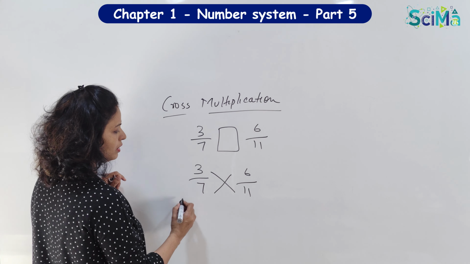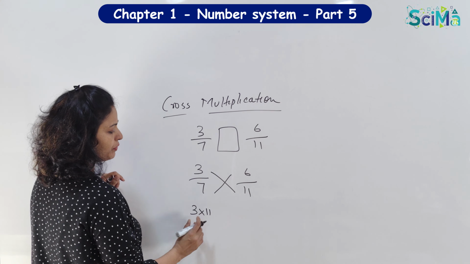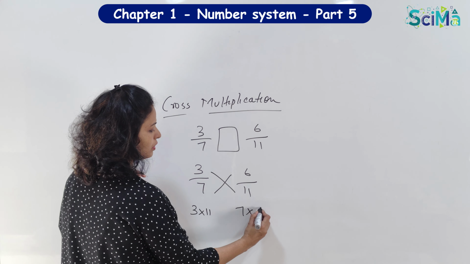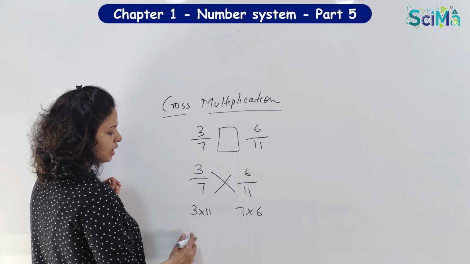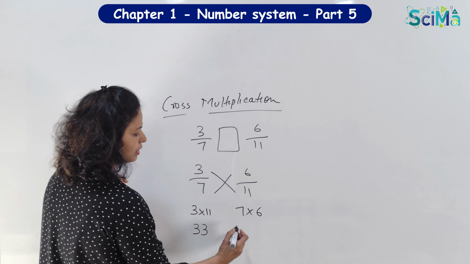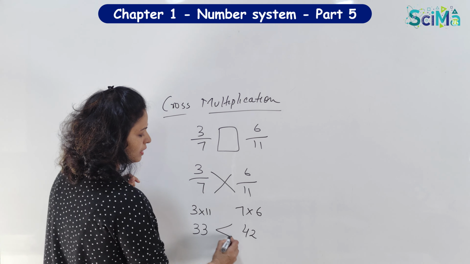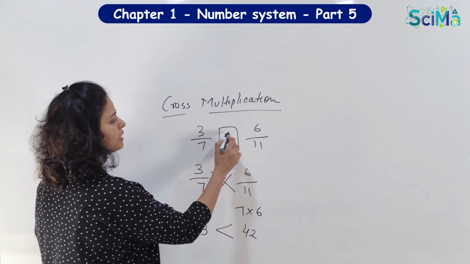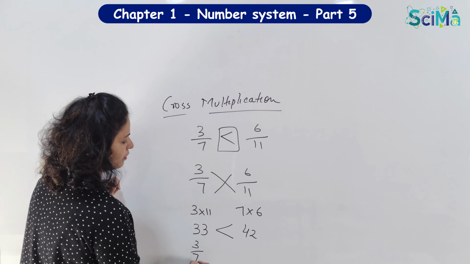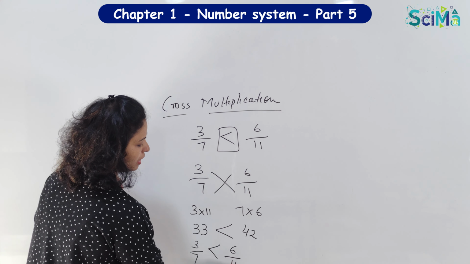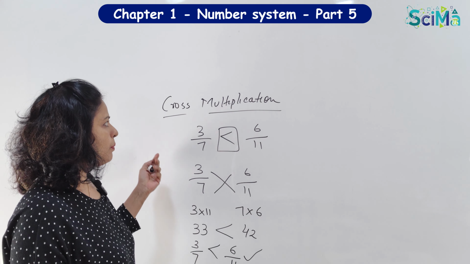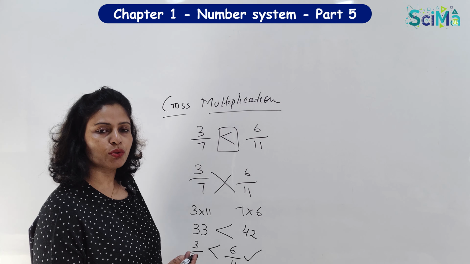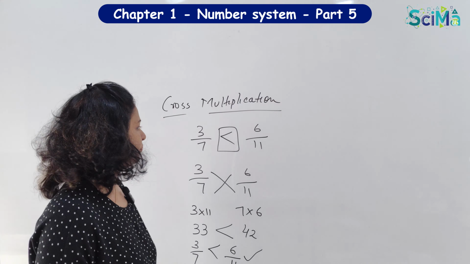So 3 into 11 you write on the left hand side, and 7 into 6 you write on the right hand side. Now we get 33 here and 42 here. So it's easy to compare. 42 is greater than 33, so I can say that 3 by 7 is smaller than 6 by 11. This way, cross multiplication is an easy method of comparing two rational numbers. You can make use of this method in your exams.